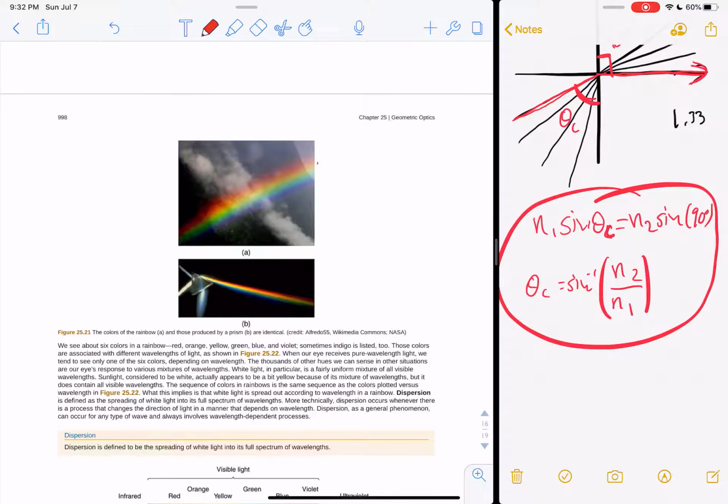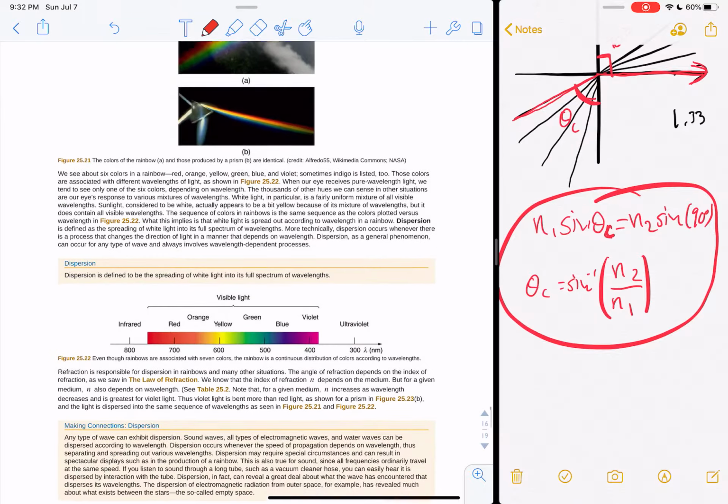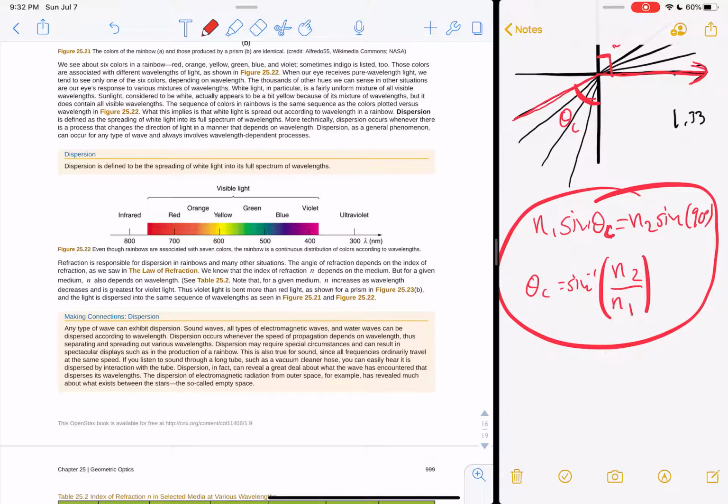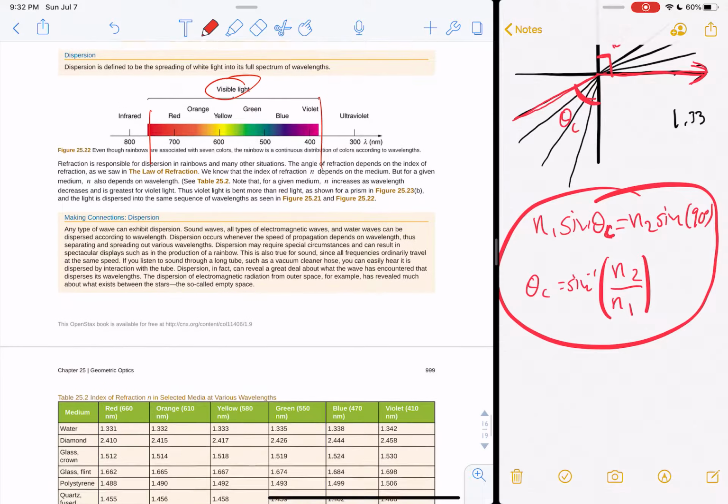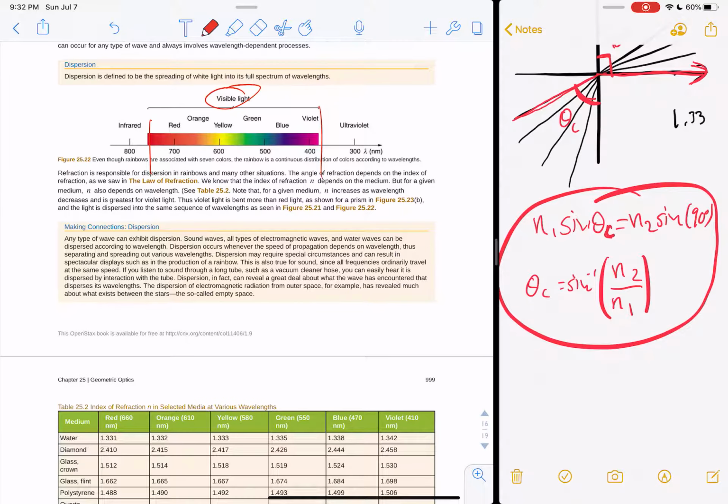But the fact that they don't is what allows us to use a prism to split light up into its colors and then make that into a spectrometer or something. So there's your visible light spectrum from red to blue or violet, from 400 nanometers to 700 nanometers, about what your eye can see.